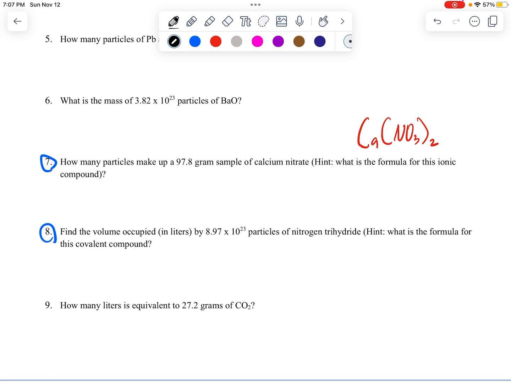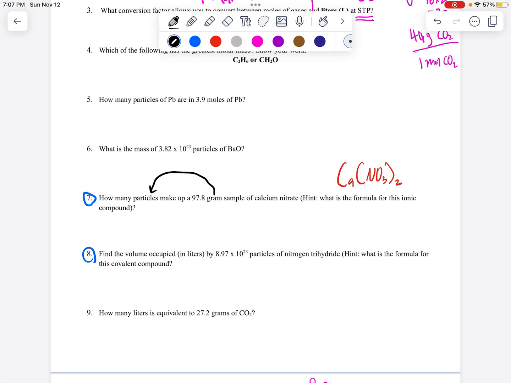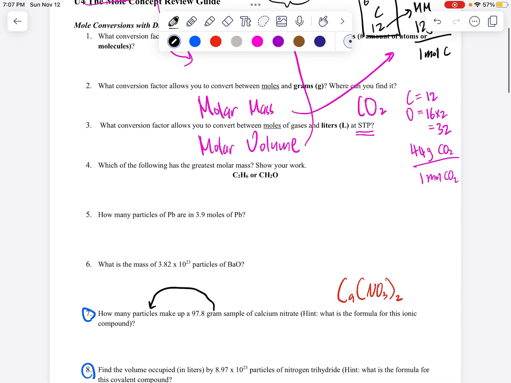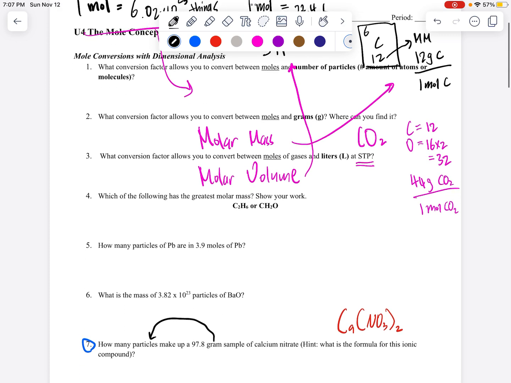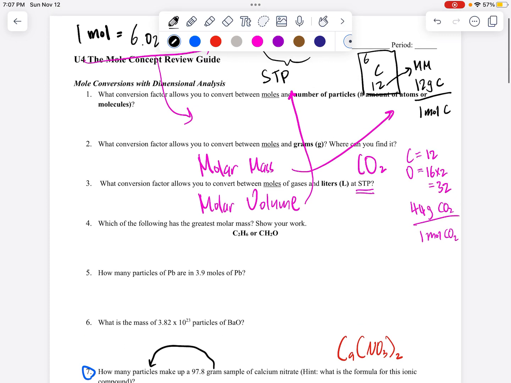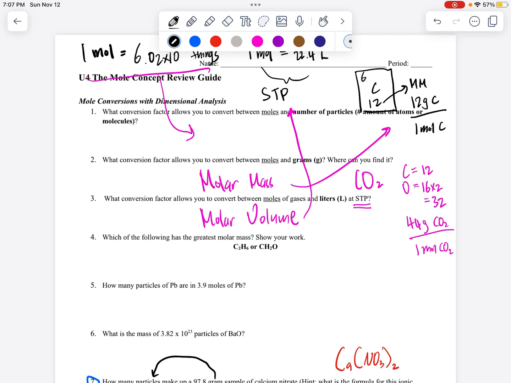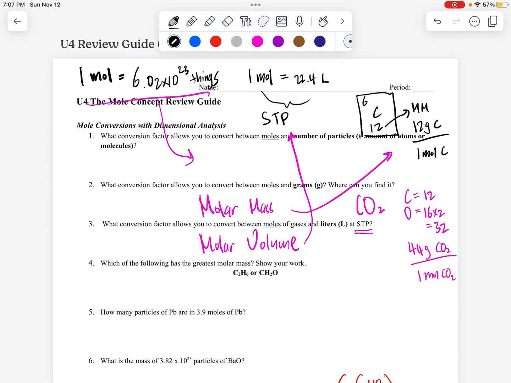We're trying to go from number of grams to number of particles here. So I'm going to go back to my first part up here. Is there a molar conversion that will take me directly from grams to particles? Grams to particles... I don't think so.